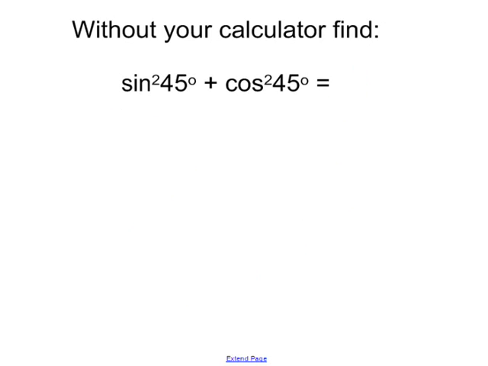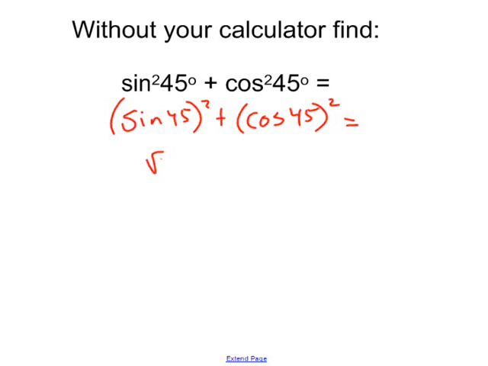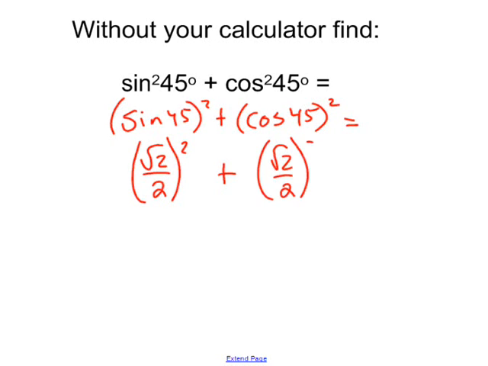Let's try another one. Sine squared 45, plus cosine squared 45. Again, I'm going to see it as sine of 45 quantity squared, plus cosine of 45 quantity squared. I'm going to remember my exact values. Sine of 45 is root 2 over 2, and cosine of 45 is also root 2 over 2.